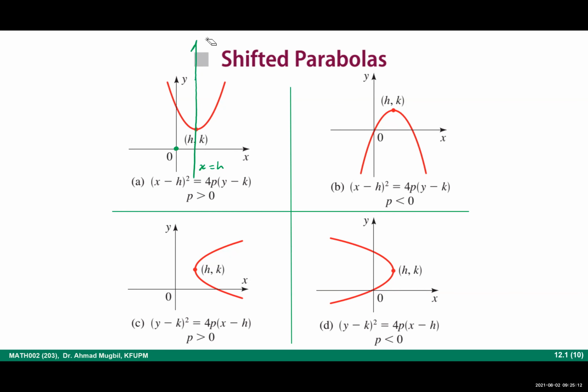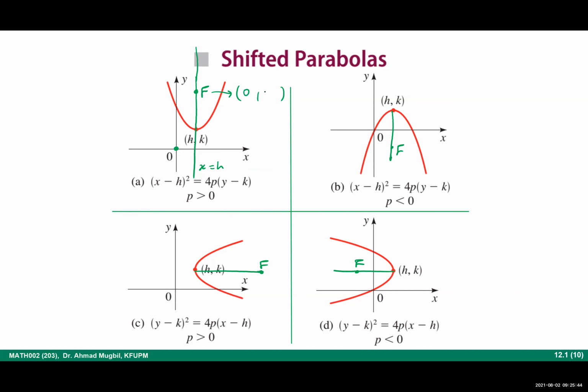Always the focus is inside the parabola. Who can tell me what the focus will be? If the vertex is h and k, what will the focus be? Will it be 0 and p?